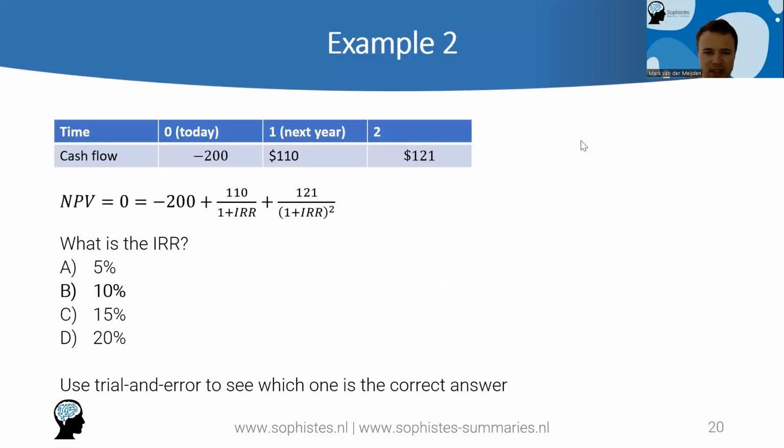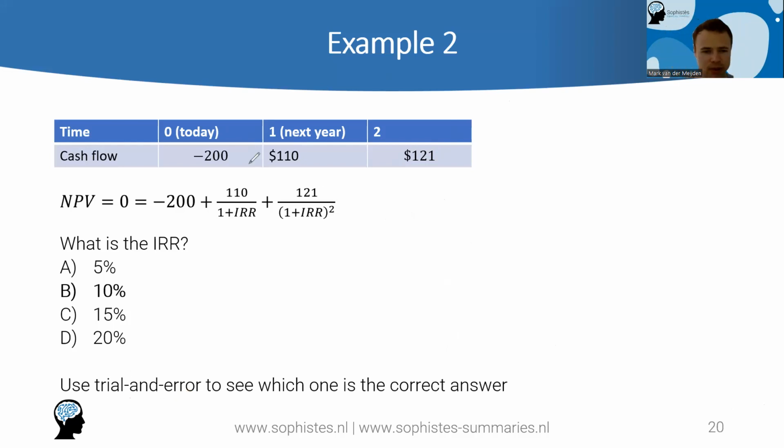Then it's a good investment in this case. Here in the summary, you see a situation where you have multiple future cash flows. You have 2 future cash flows in this case. Here, it's really difficult to solve it. You could do it, then you need to do the ABC formula. I can explain it if you want. But here, because your exam will be multiple choice, it is easier to use trial and error.